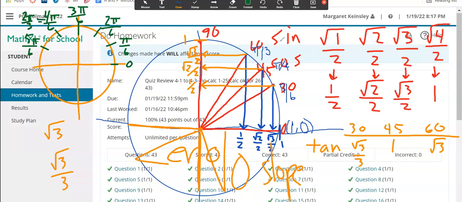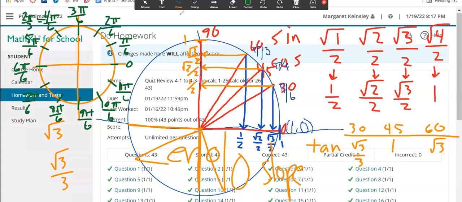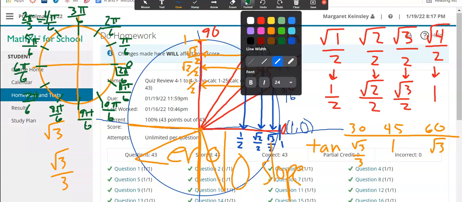So I could reduce it. But notice as I go around, 6 pi over 6, that's just pi. And then 7 pi over 6, and then 8, and then 9, and 10. My 10's a little bit farther than it should be. But by doing that, I get most of them right there, right?